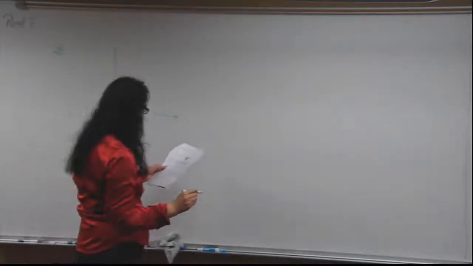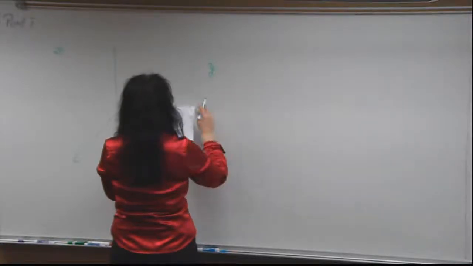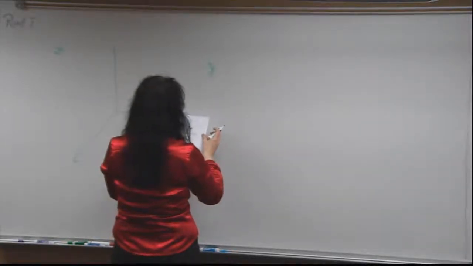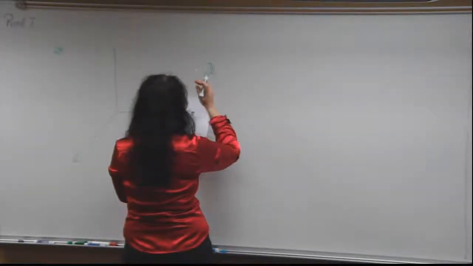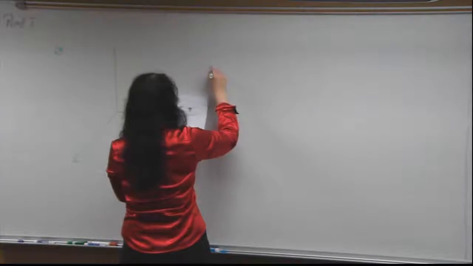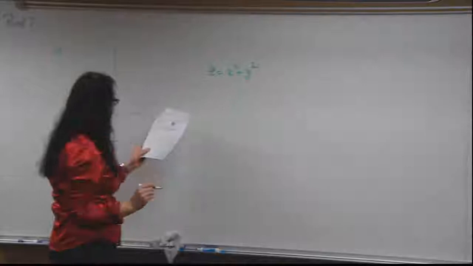You have a solid, and I say solid gold, 24K, that is between two paraboloids. One paraboloid is z equals x squared plus y squared.